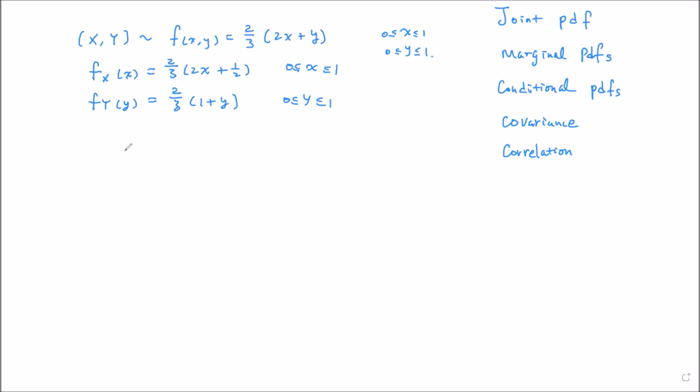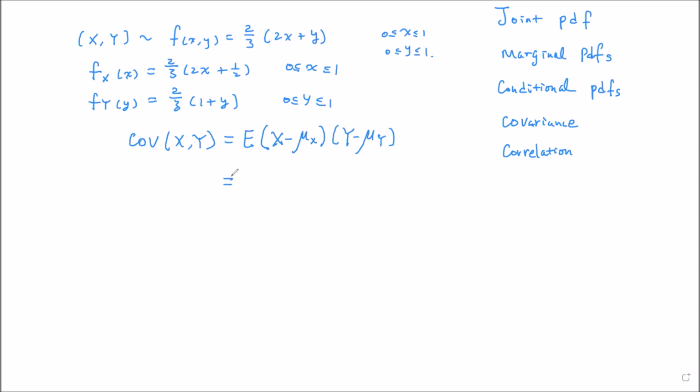Let's define the covariance. The covariance of two random variables is defined to be the expectation of X minus mu of X, so it's the mean of X, times Y minus mu sub Y. So it's a cross product, and you take the expectation of that.